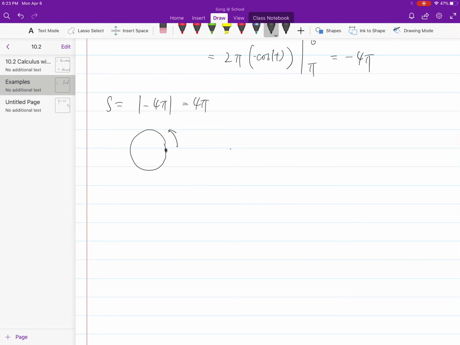The circle was formed in this way, starting from here, going all the way and back. Consider another circle, which is formed in this way. Go all the way back, and from here we can see this has the same area, right? Same area from geometry, but they have different orientations.